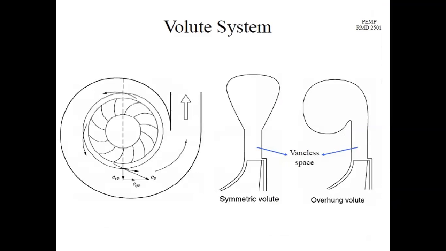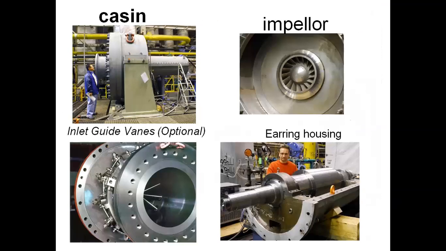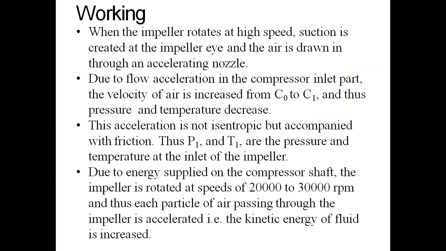Diagram of volute casing. Casing, impeller, inlet guide vanes, energy housing. When the impeller rotates at high speed, suction is created at the impeller eye and the air is drawn in through the accelerating nozzle.